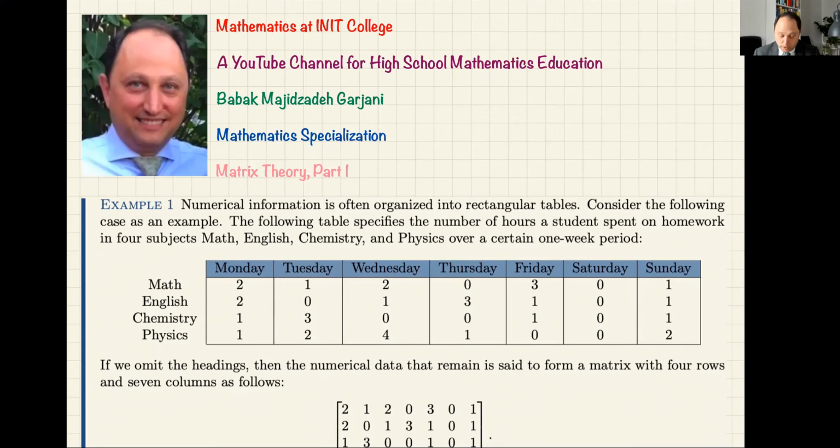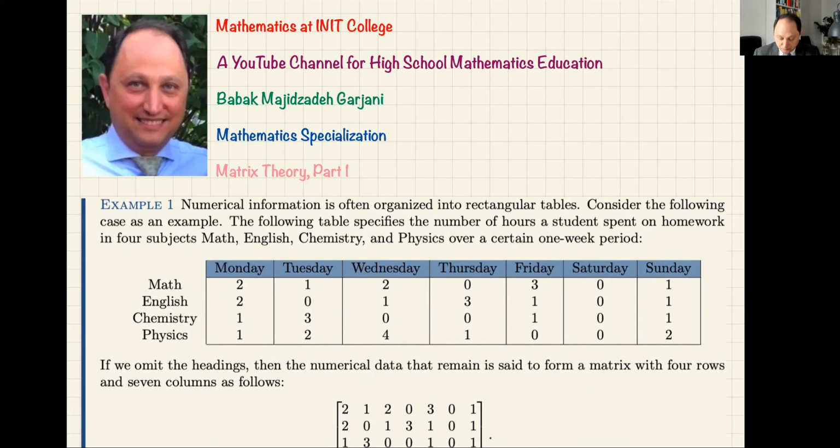But here I just want to keep it at an abstract level. I introduce you to an object in mathematics called a matrix, and then we explore its properties and relations. In principle, I want to introduce you to the algebra of matrices.